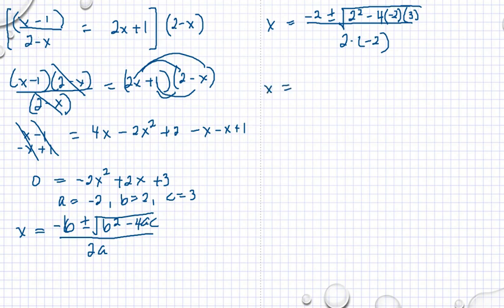Then we have x is equal to negative 2 plus minus the square root of 4 plus 24 divided by negative 4. Then we have x is equal to negative 2 plus minus the square root of, that's 28.